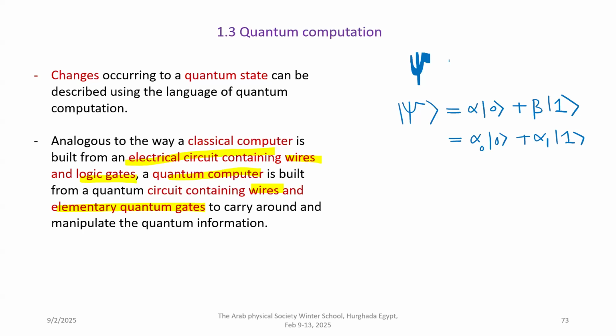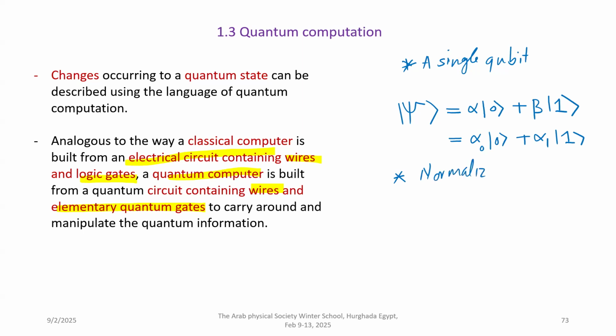Let me explain that here. As I said, this is a single qubit, and this is how it looks. Then we said that we have to have what's called normalization.